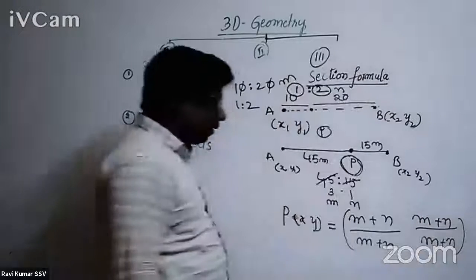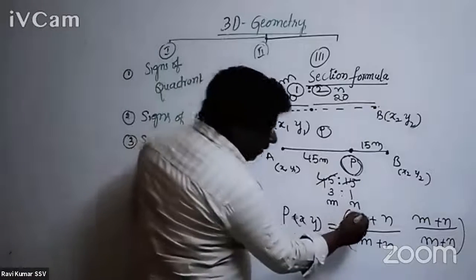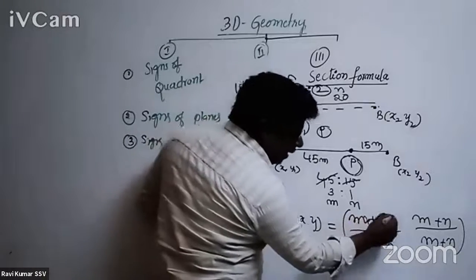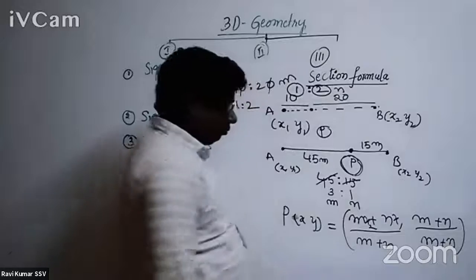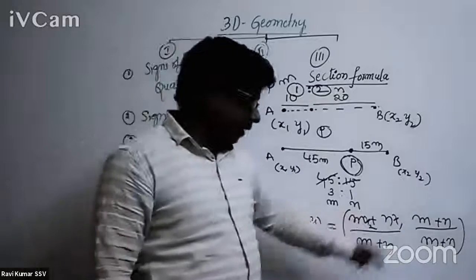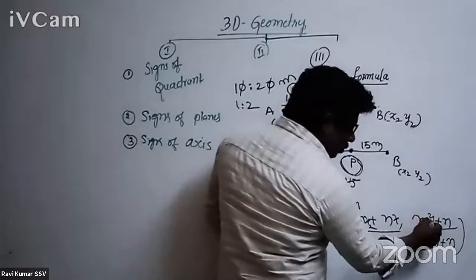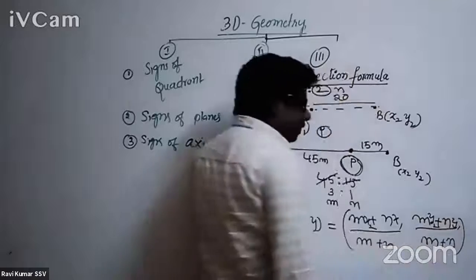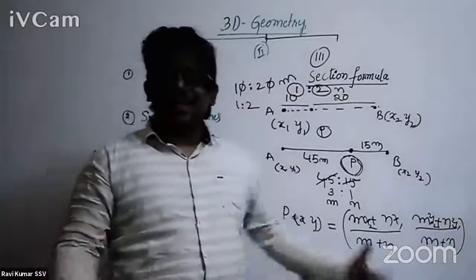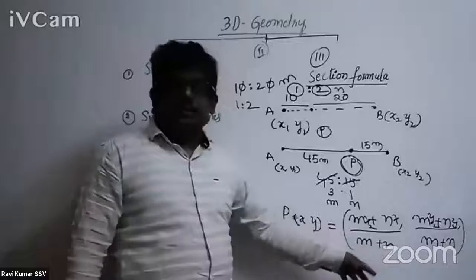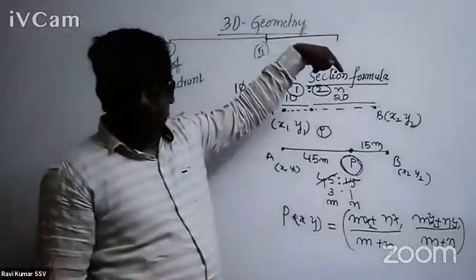Easy to remember. Then write down here x2 and here x1. Not x1 x2, reverse: x2 and x1. Here y2 and y1. This is the way to remember easily. And then this is what we studied in 10th class.